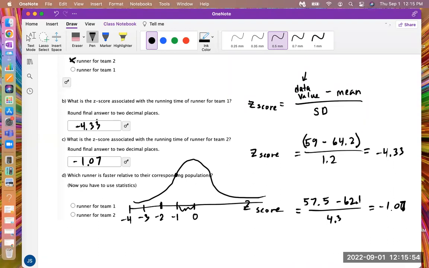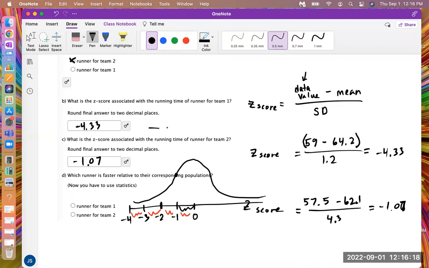But this person at 4, they're 4 whole standard deviations away in their distribution. I mean, these are 2 different distributions, so technically I should draw 2 separate distributions.